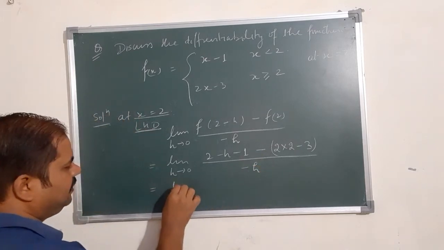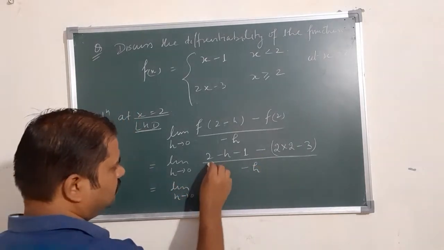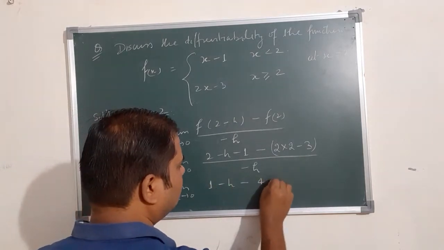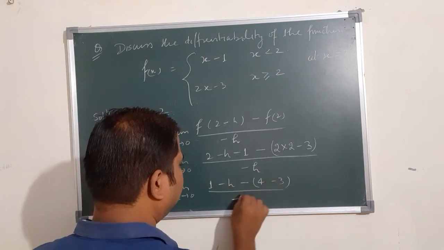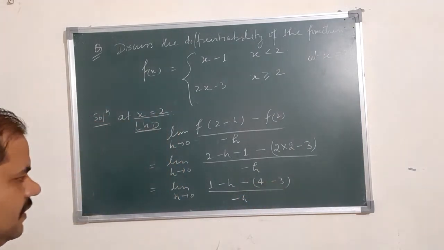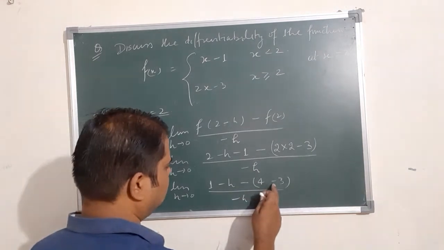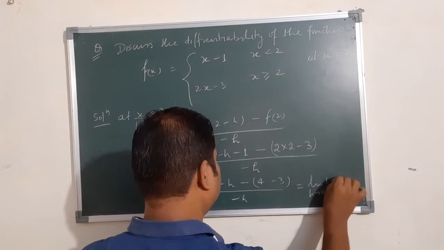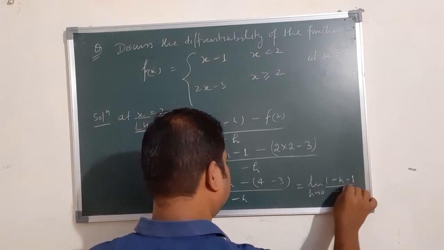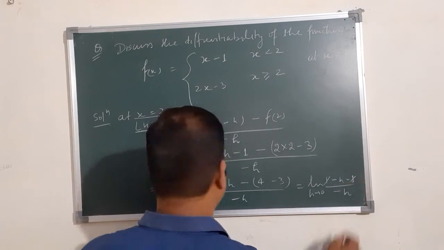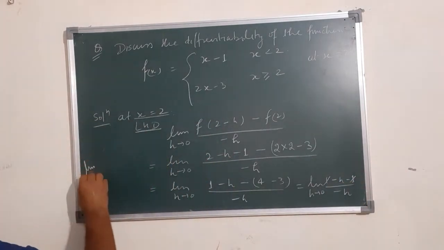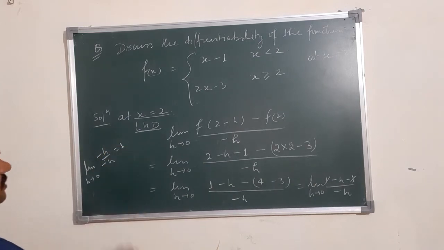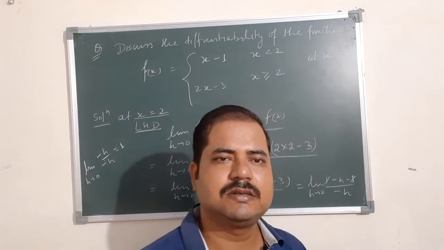So this will be limit h tends to 0, 2 minus 1, 1 minus h minus 4 minus 3, divided by minus h. So this is limit h tends to 0, 1 minus h minus 1 divided by minus h. This cancels out, and this is limit h tends to 0 of minus h upon minus h. This is 1. So the left-handed derivative of the function is 1.